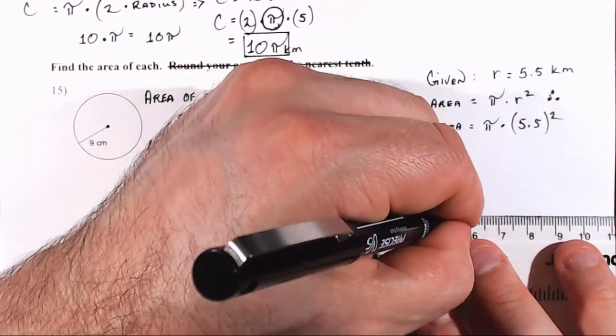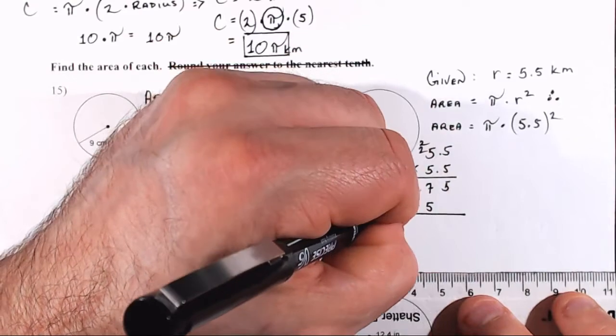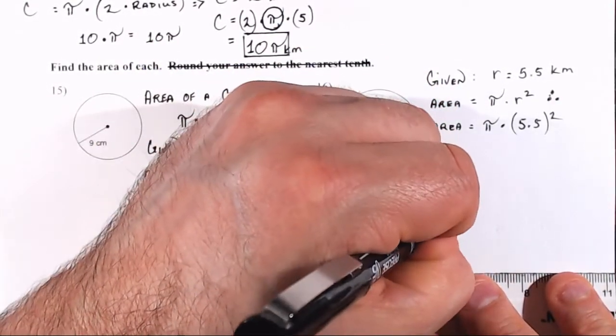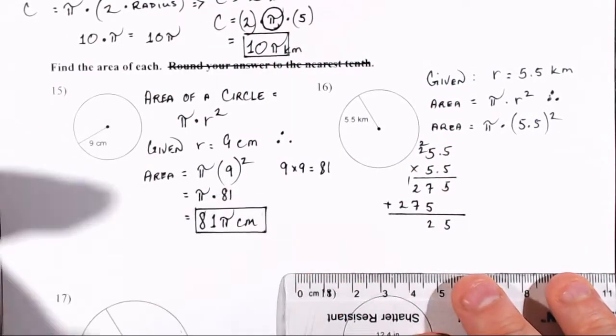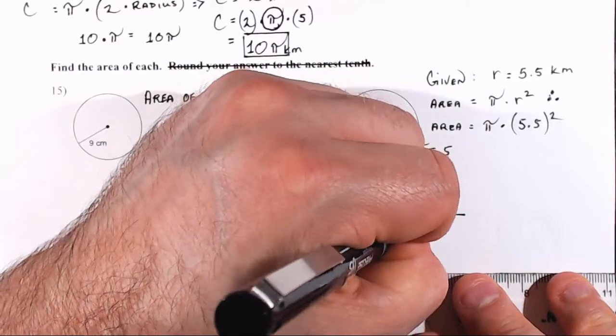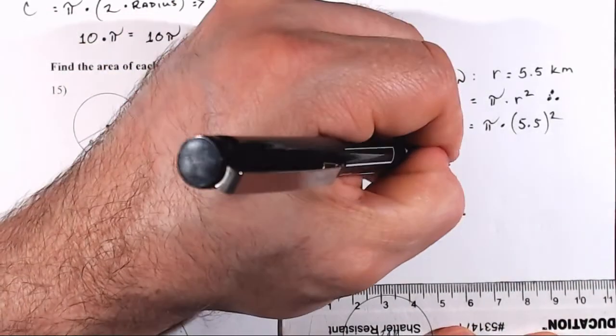Right? This is the multiplication algorithm. Then we stack add. We got 5. 7 plus 5 is 12. Carry the 1. 2 plus 7 is 9. Plus 1 is 10. Carry the 1. And then 3. 3025.